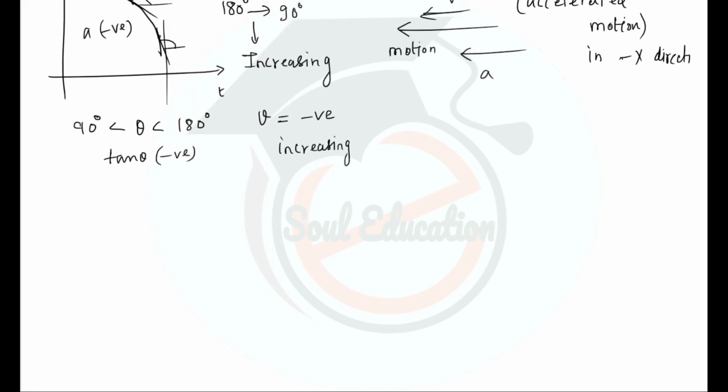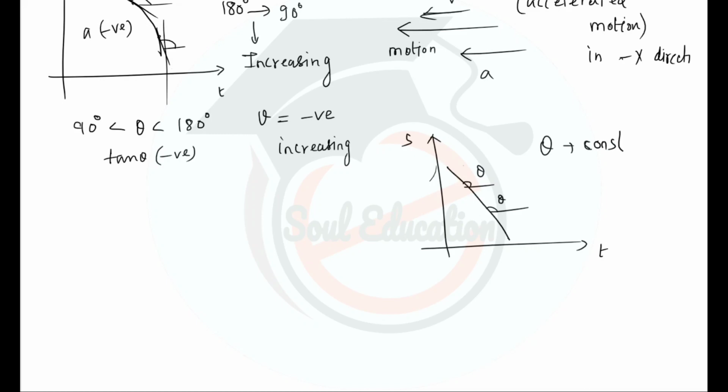Right, next graph is this, my ST graph. There is a constant slope everywhere, so theta is constant and my slope is constant.